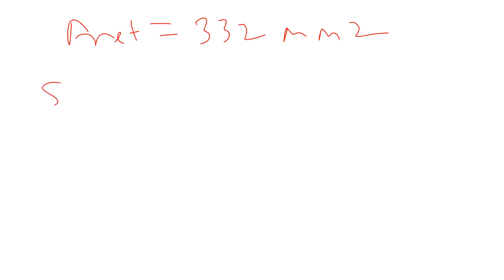So just plug in the values, and you will get A net equal to 332 millimeter square. Once we have that, finally we have to find out the strength of the ISA, Indian standard single angle. Again it will be the permissible stress, this is 150.